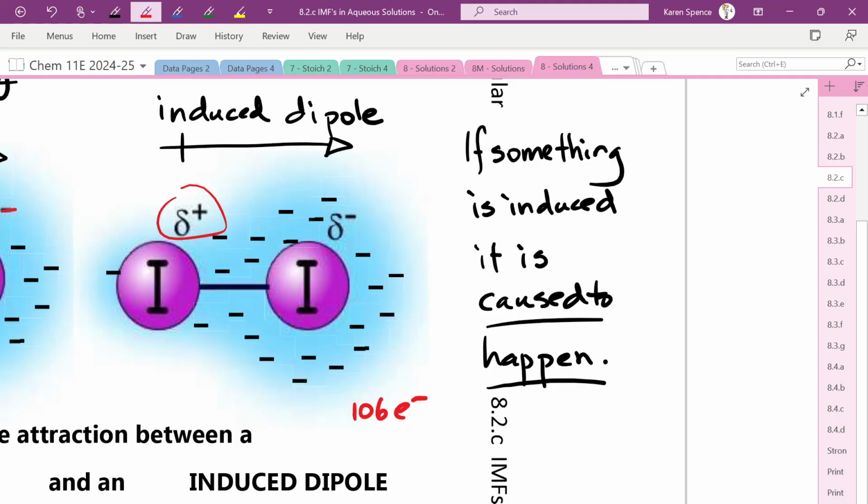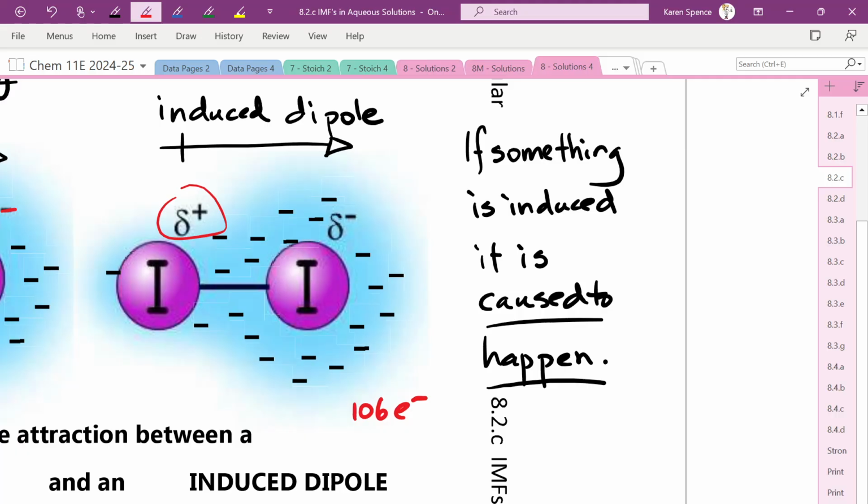So you will get a temporary dipole. It won't be as strong of a positive and negative charge as this. And so you do get those interactive forces, the intermolecular forces. They're still strong enough to hold it together, but they are weak enough that they break and reform and break and reform. And if the intermolecular forces are breaking and reforming, what state of matter do we have? We have a liquid. Yes, so that's bromine.